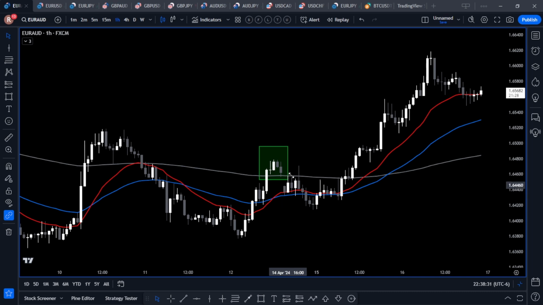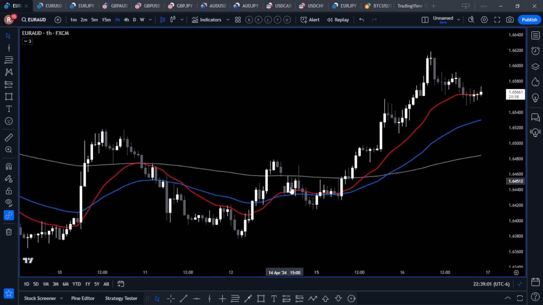Now what's going to happen is, because the 20 is still away from the 200, price is going to drop down underneath that 200. And that is going to kibosh any kind of buy that I want to do, because now the price is under the 200. So I'm not interested in anything at this point. We've got the 20 above the 50 and we've got the price under the 200. So I'm not interested in anything at this point.